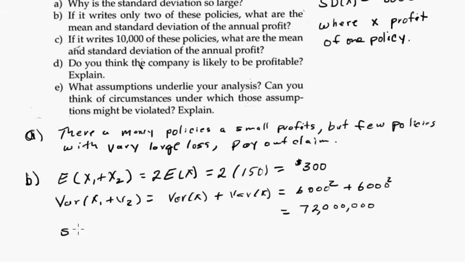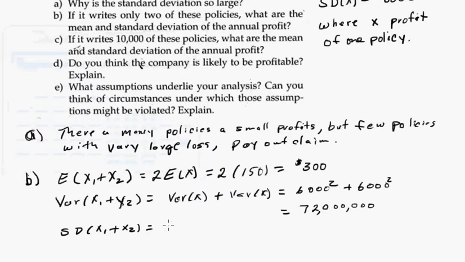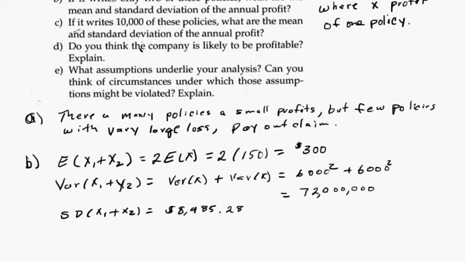And then the standard deviation of X1 plus X2 is just the square root of that. So that's going to be 8485. Okay, so I guess I could add the cents if you want, but $8,485 essentially for two. So that's two policies.